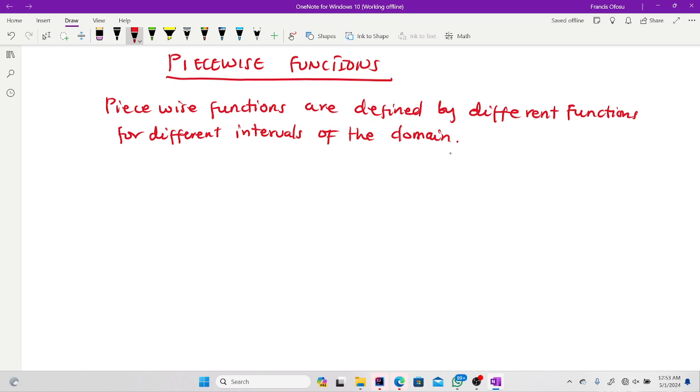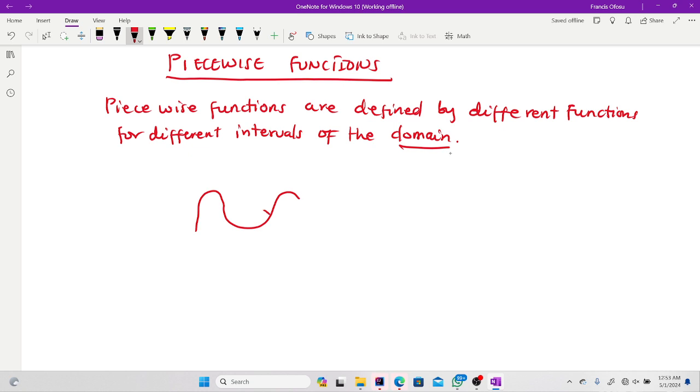So as I said, piecewise functions are defined by different functions for different intervals of the domain. Every function has a domain, which is the set of inputs that makes the function defined. What we mean by piecewise is that a function has been broken into pieces. I have this curve here as a function.